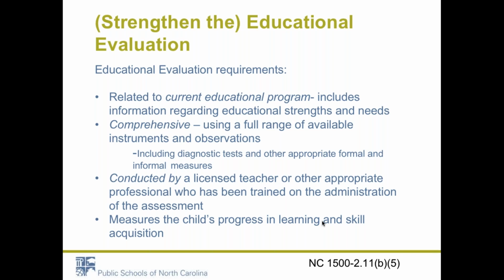So we need to be collecting educational information that is relevant. The educational evaluation is currently required to be comprehensive, using a full range of available instruments and observations. Going back to the RIOT framework, review, interview, observe, test, there are many ways that we collect information around educational performance that are not just the administration of a test or tests.